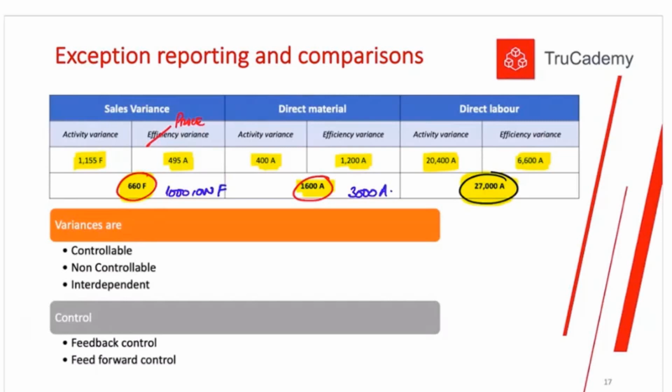To get a 1 million favorable variance in the sales revenue, the adverse variance we face is 3,000 in direct material, 27,000 direct labor, total 30,000 adverse. So if 30,000 adverse occurs and we get a favorable variance of $1 million, yes, it's justifiable. It's a must-do thing. But only for 660 favorable variance, we got 27,000 and 1,600, almost $30,000 of adverse variance.